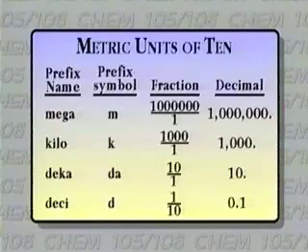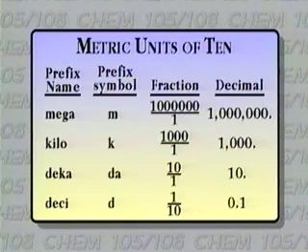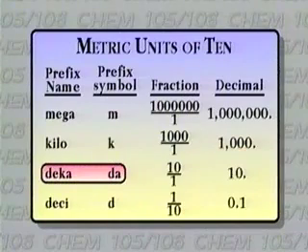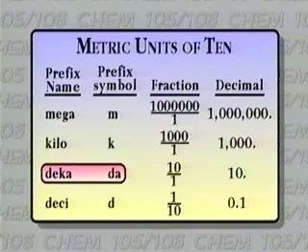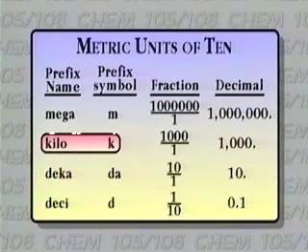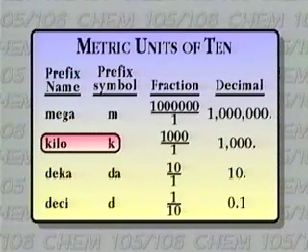If we wanted to talk about 10 units of something, like 10 grams, we use the prefix deca. So decagram would mean 10 grams. Or if we wanted 1,000 grams, the prefix for 1,000 is kilo, K-I-L-O, and the symbol that we use there is the lowercase k. And for deca, D-A.